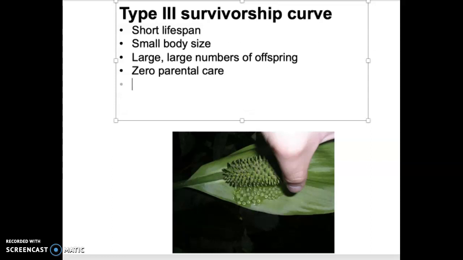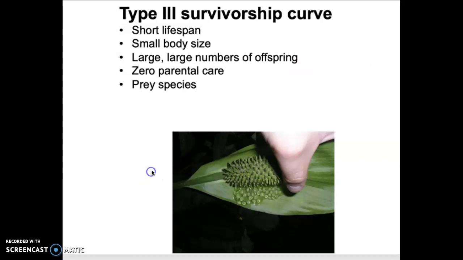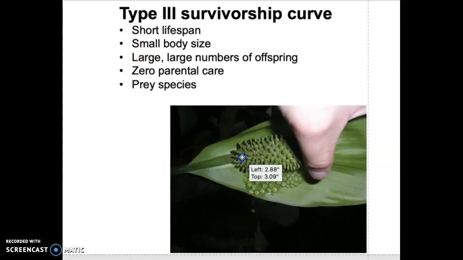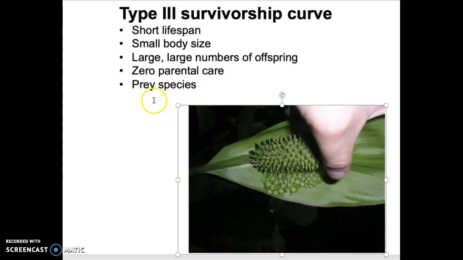Most of these guys in type 3s tend to be prey species. Lots of things eat type 3 survivors or type 3 organisms. Not that they can't also be predators. Frogs eat other things as well, but they tend to have a lot of predators when you're type 3. But again, you're playing a numbers game here.